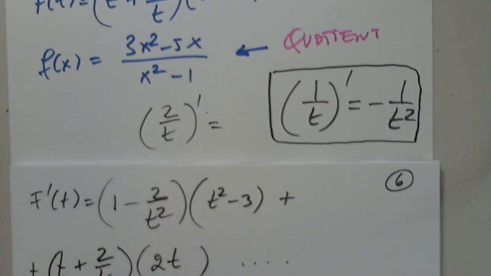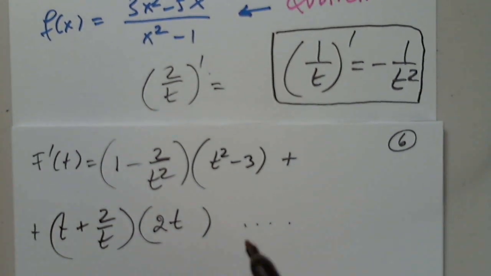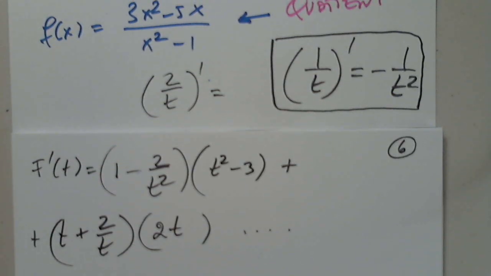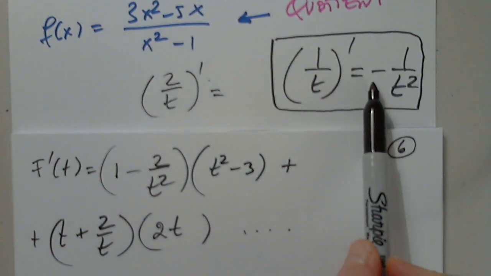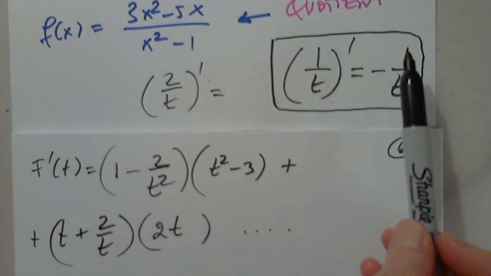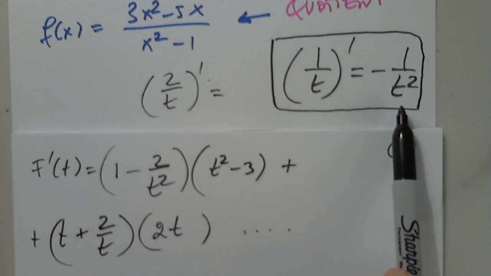You can distribute if you want to. Yes, please. Shouldn't it be plus 2 over t squared? Yes, because it's negative 1 over t squared.